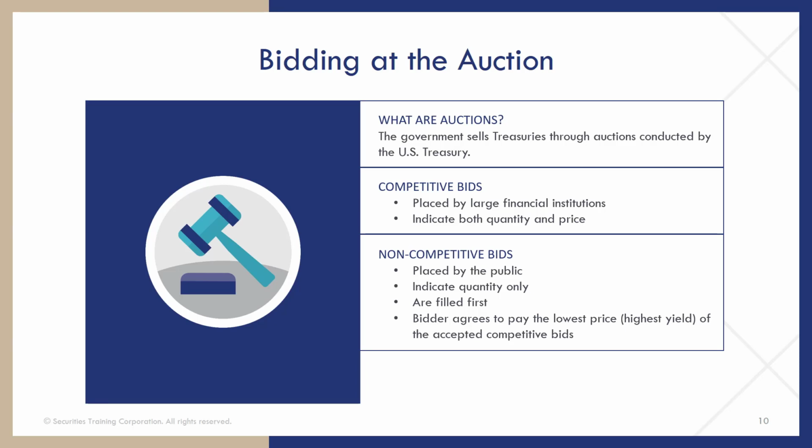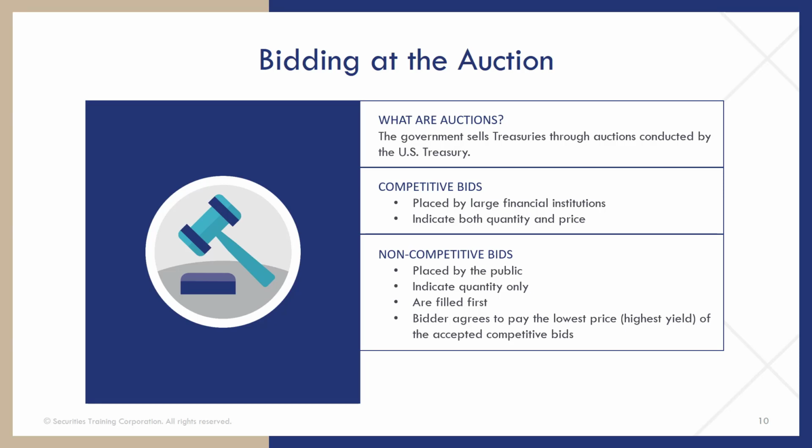The competitive bids are generally placed by the large financial institutions. And what they're indicating is the amount of treasuries they'll buy and the price or yield that they'll pay. So they are indicating both the quantity and the price or yield that they're willing to pay for the treasuries.